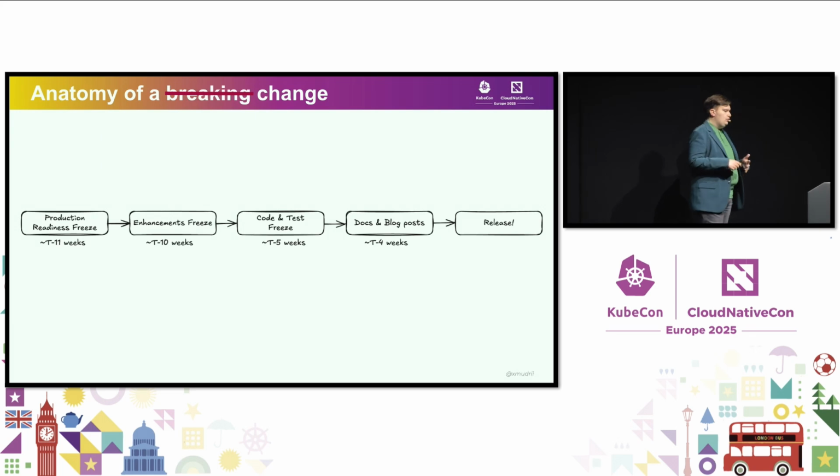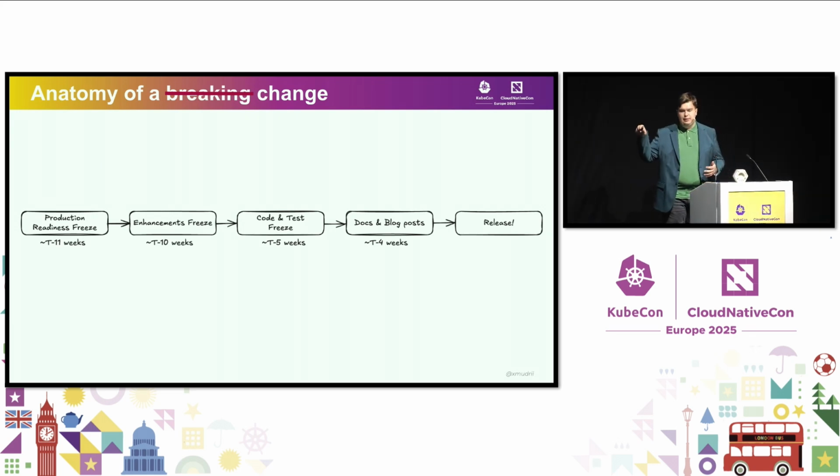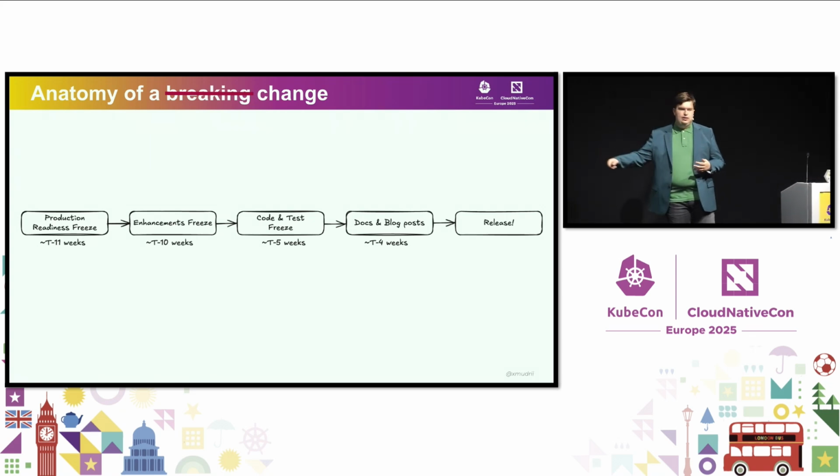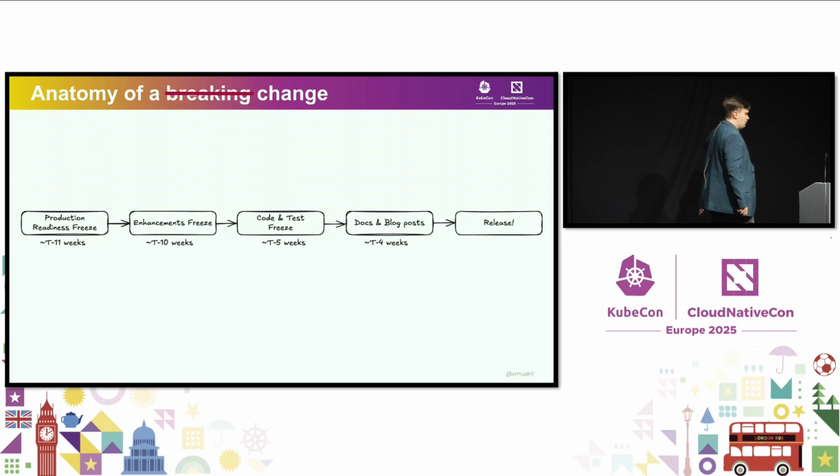If you want your feature to go into the release, this is the point where it must be implementable. If your proposal is not ready to be implemented by then, is not approved, or doesn't have all the necessary things that it needs to have, it's not going to end up in this release, maybe the next one.